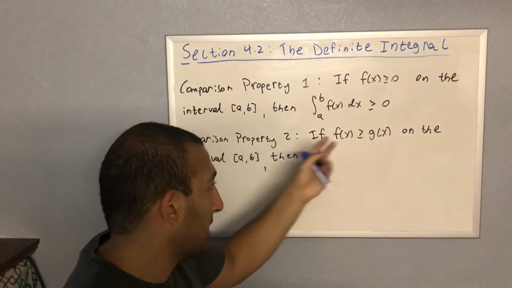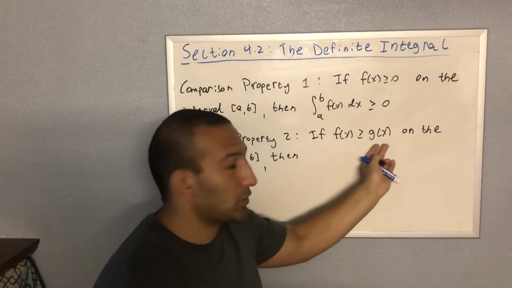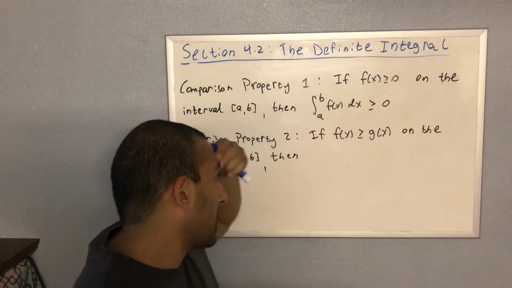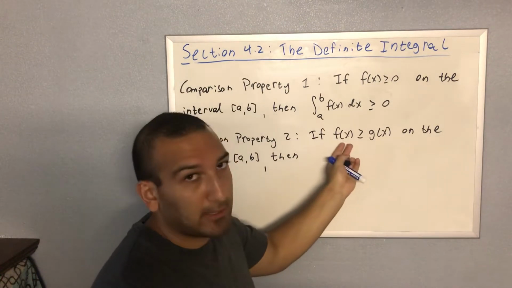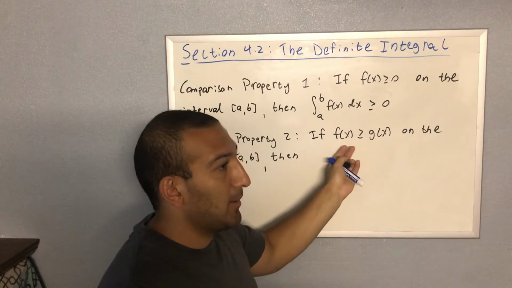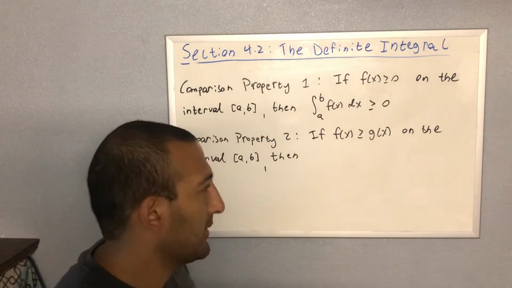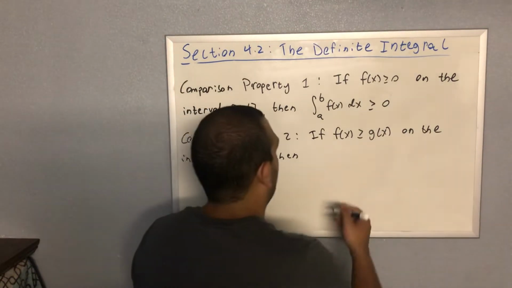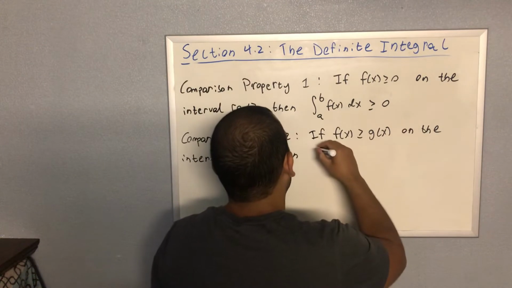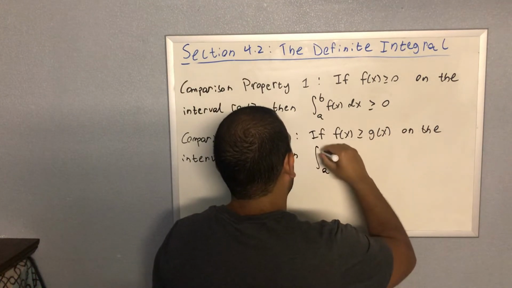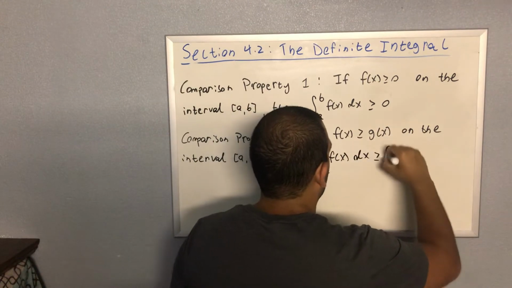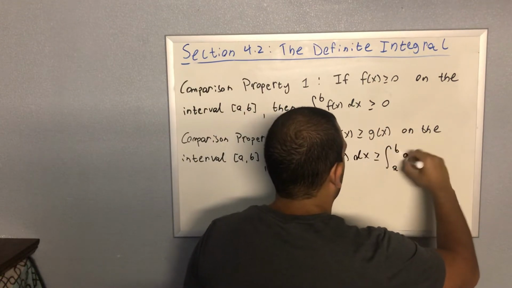The output of this function is always larger than the output of this one, even in the case of negative. So for example, if this was -5, this would be -2. So it's still above g of x. And I'll draw a graph just to double check. But if your function is always on top of the other one, it would make sense that the area underneath it, or the net area, should be larger as well.